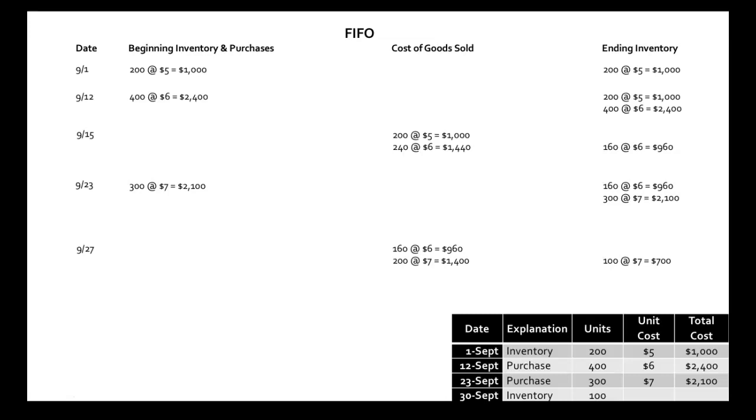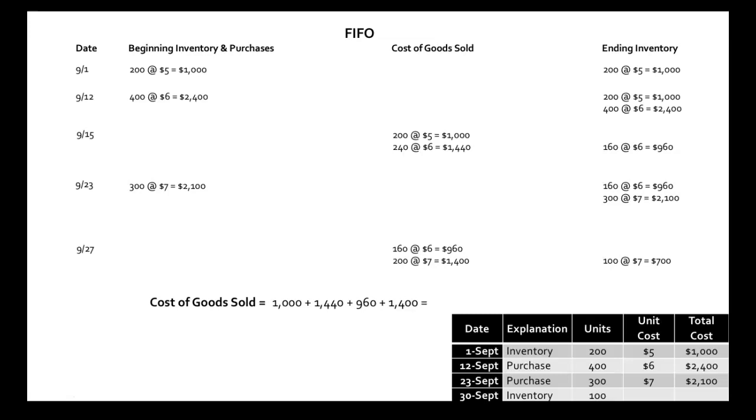And now we can figure out our cost of goods sold and our ending inventory under FIFO. So your cost of goods sold, you're going to add up all of the total amounts in your cost of goods sold column. So we made 2 sales, right? The first sale, some units were $1,000, another was $1,440.